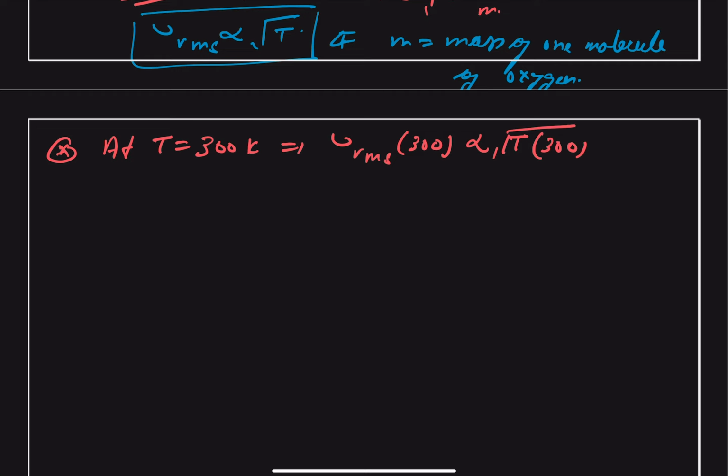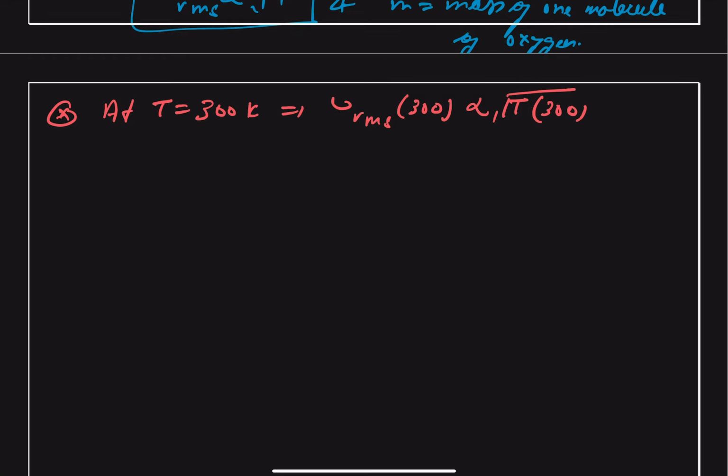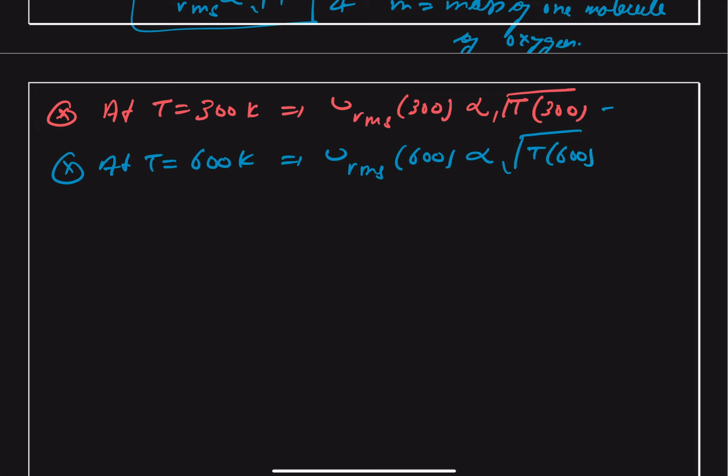And respectively for 600, at temperature equal to 600 Kelvin, our Vrms at 600 Kelvin is directly proportional to the square root of temperature of 600 Kelvin. Let us call these 3 and 4.